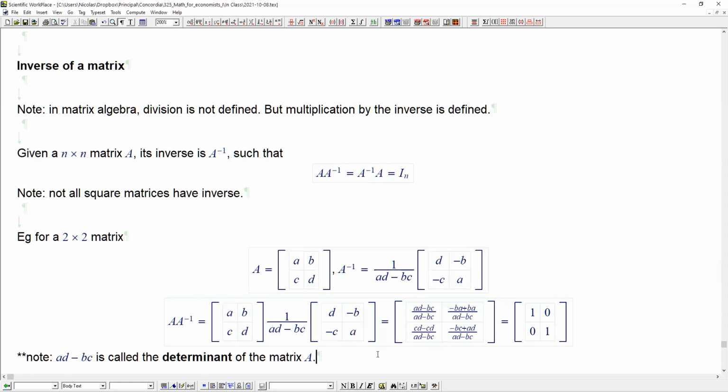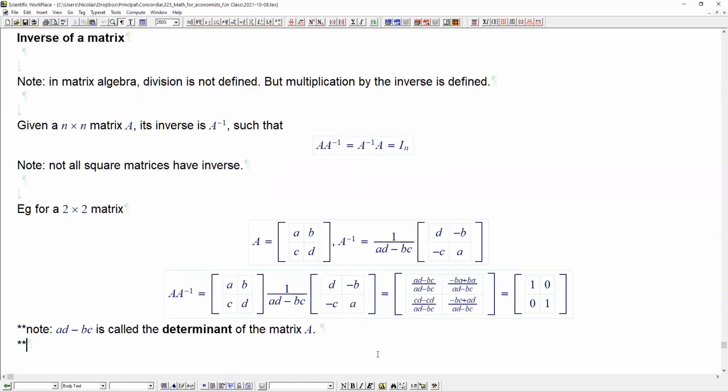Everything would be divided by 0. Yes. So note, if the determinant is 0, then the inverse is undefined. A minus 1 does not exist.